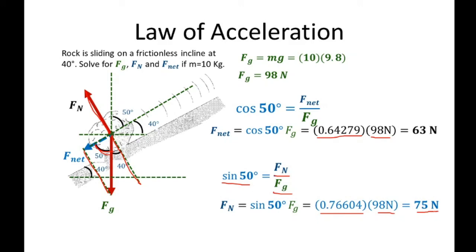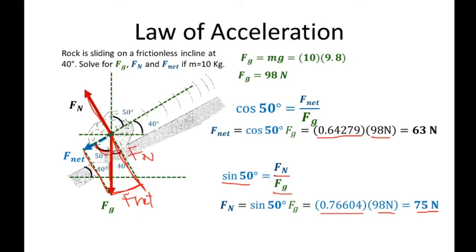So again, if you use the other side of the drawing, if you want to use the 40 degrees, you can use this right triangle here. This one is the Fnet, and this one right here is the Fn.